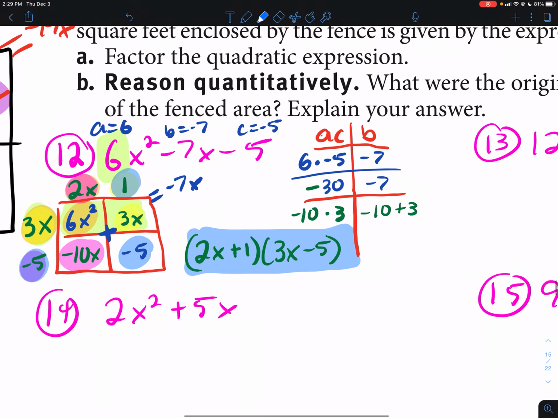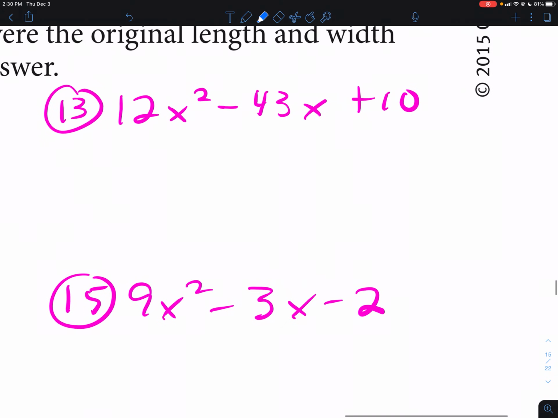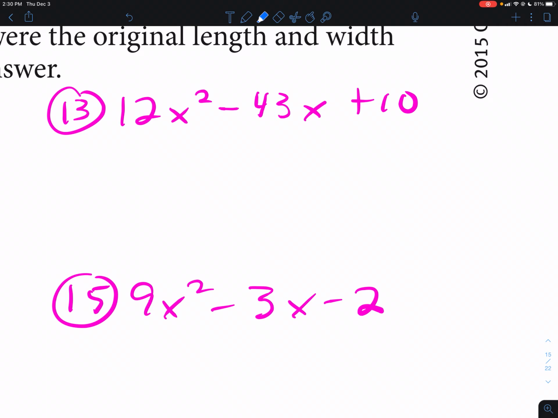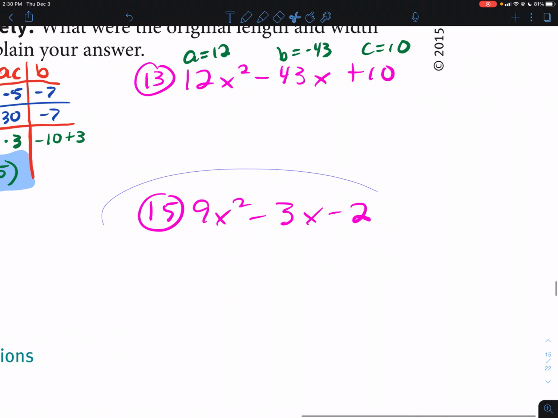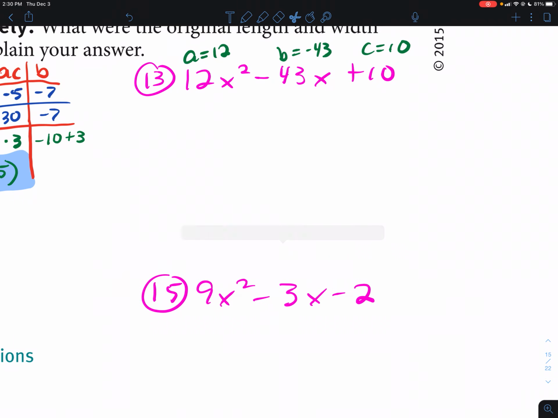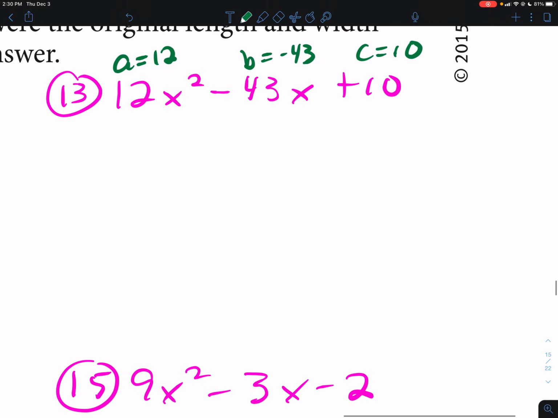Okay, number 13. Here we go. So same thing. A is 12, B is negative 43, and C is 10. Let me scoot you down a little bit. I think I might need some more room. So make our table and our box.